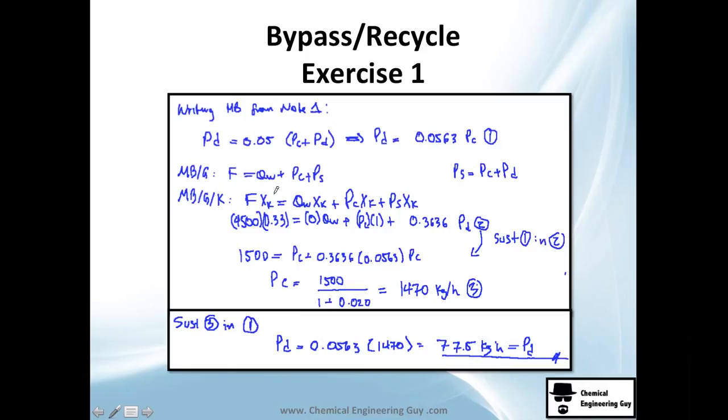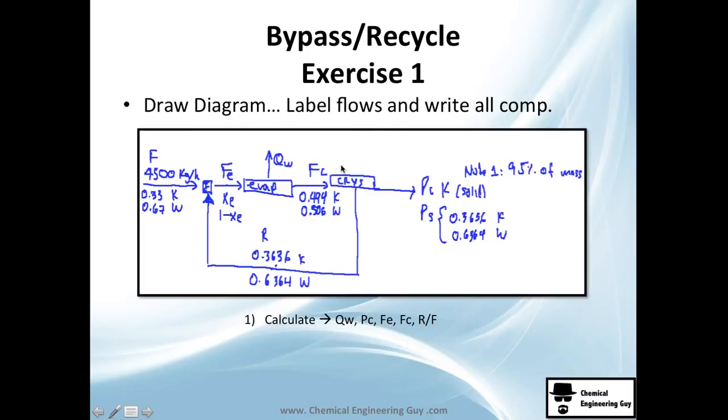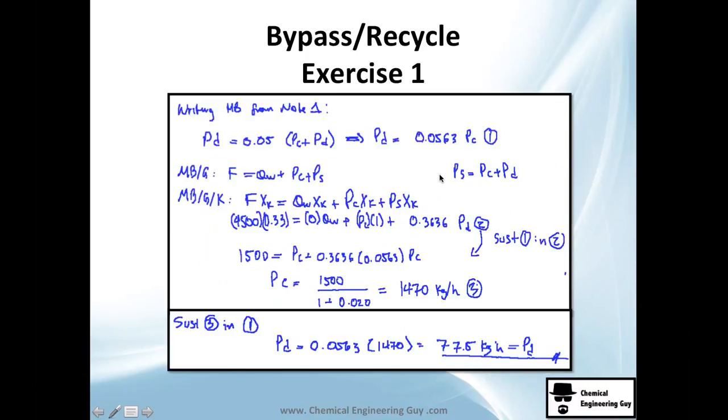Good. Now, let's do a mass balance globally in all the equipment. Hopefully you know, or if you don't know, let's do our system. Recycle is never included. We actually just have inlet of F, outlet of Q, and outlet of P. Yeah, which is here, F equals Q plus PC and PS.